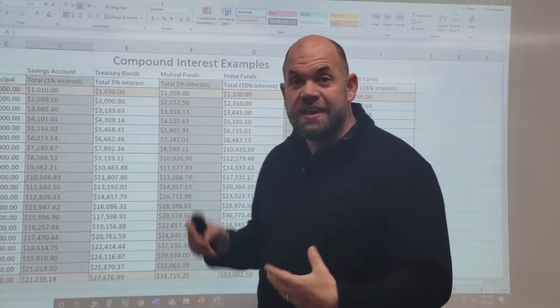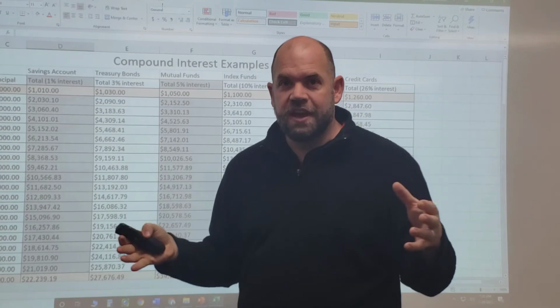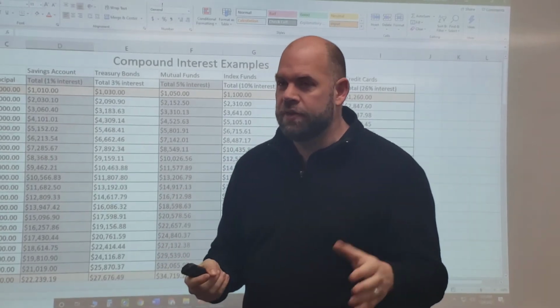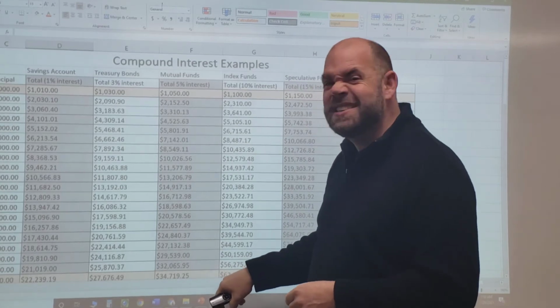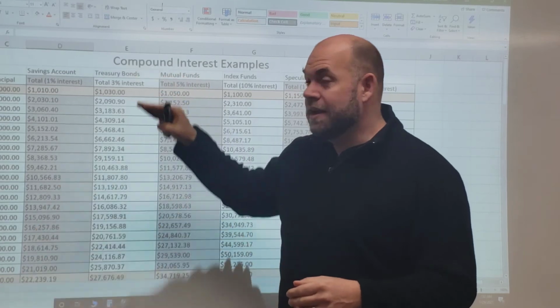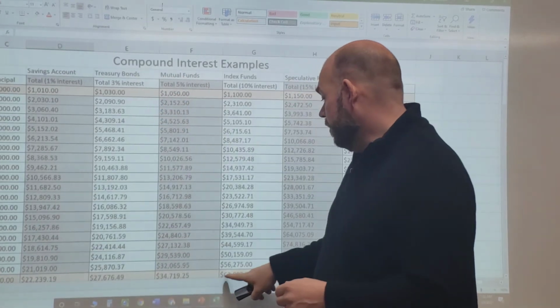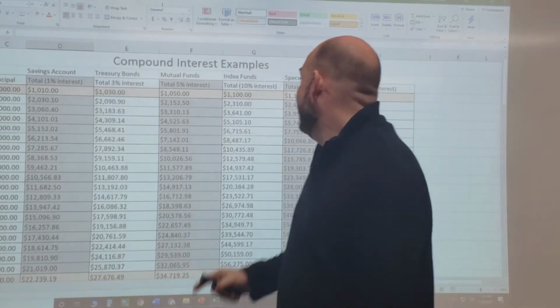Now, if they got the index fund, and that's what all the stock market does together, again, historically it's been about 10%. If they got a 10% return on investment, look what they're going to have, $63,000. And that's just by age of 30. So investing $1,000 a year, they're going to make $40,000 just on interest. That's amazing.